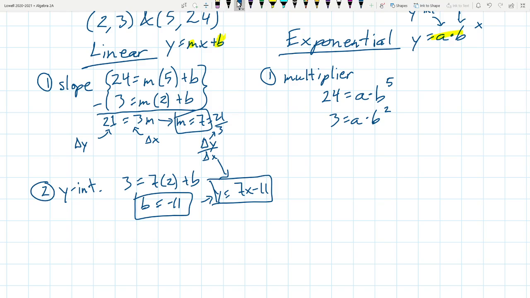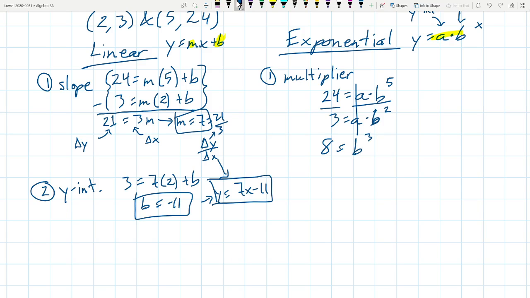I'm going to take the left side, divide it by 3, and the right side, divide it by ab squared. The resulting equation is 8 equals, and you see the a's cancel, b to the 5th divided by b squared, that's b cubed, not b to the 6th.